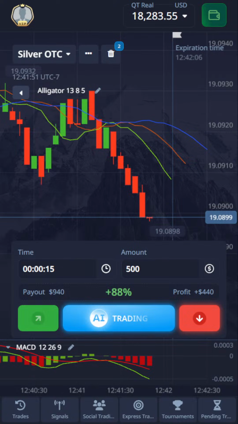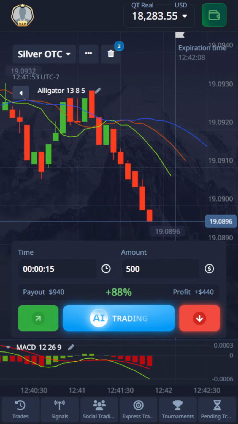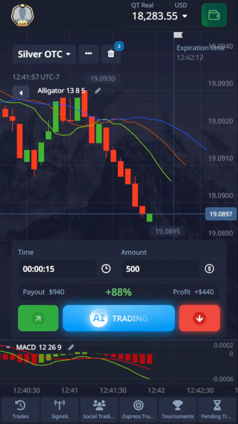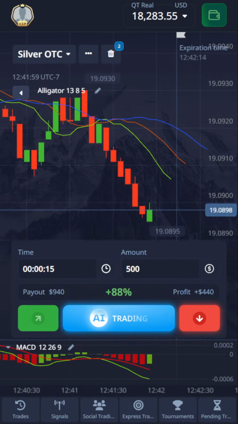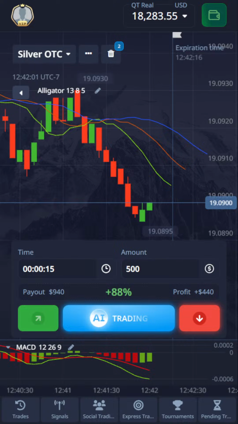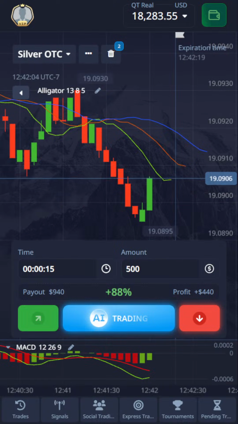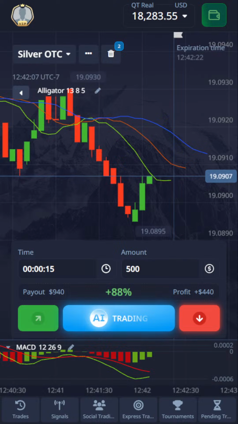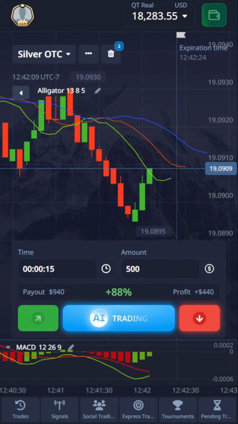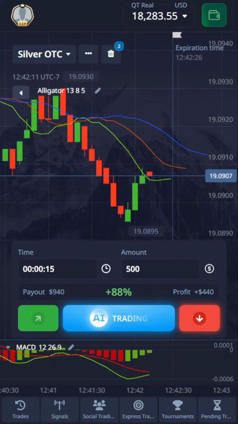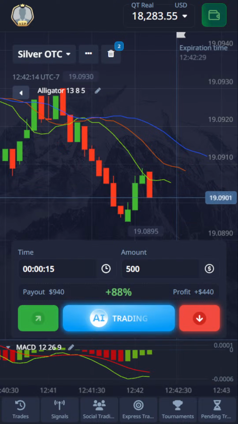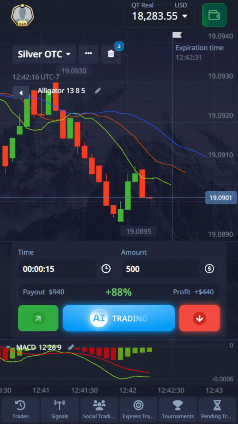Okay, so that is for Lakmo. Lakmo was asking me about the settings for the MACD. There they are, that is a 12, 26, and 9. Like I said some time back, and I think also yesterday, you're seeing two lines over there.